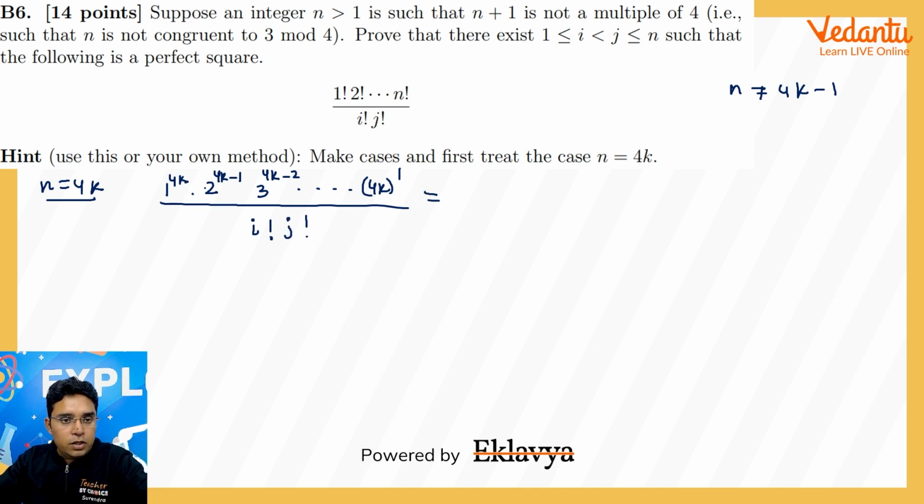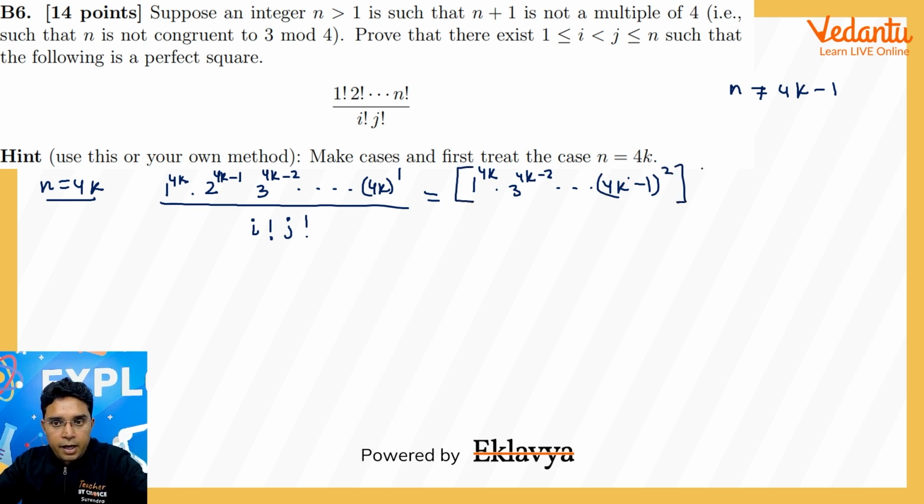So here you can see all the odd numbers are having even powers. So here already this 1 power 4k, 3 power 4k minus 2 and so on, 4k minus 1 will be having power 2. Their product will be already perfect square.